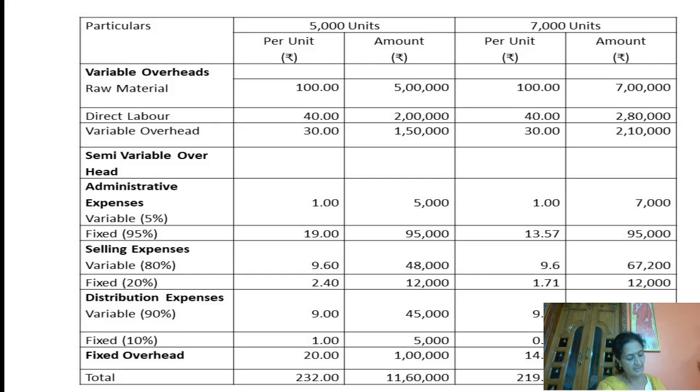What will be the total cost for 7,000 units, and when you divide by 7,000 units, you get the per unit cost. This is how you are going to calculate in the flexible budget when you have to take into consideration both per unit cost as well as total amount.